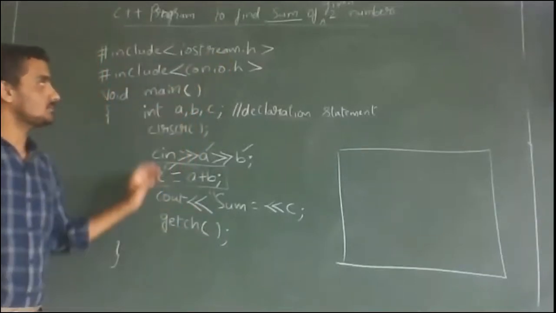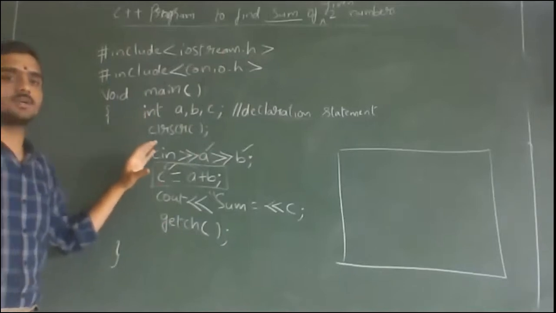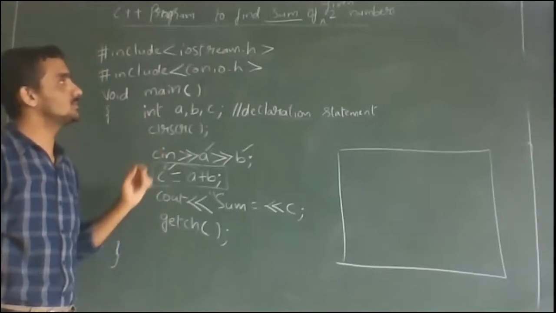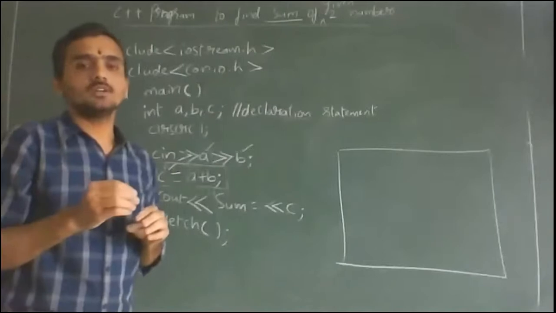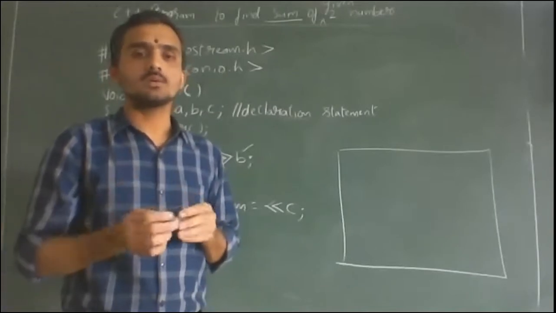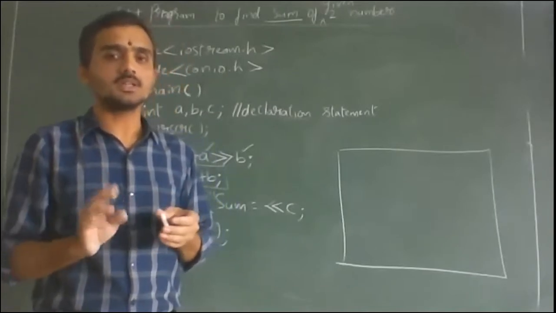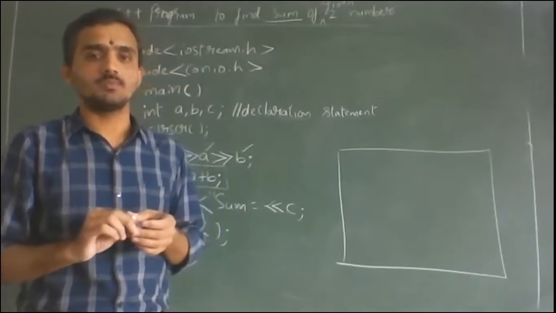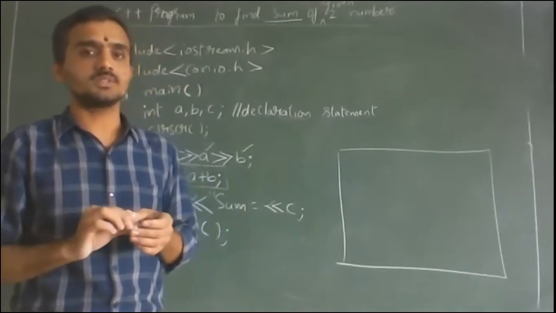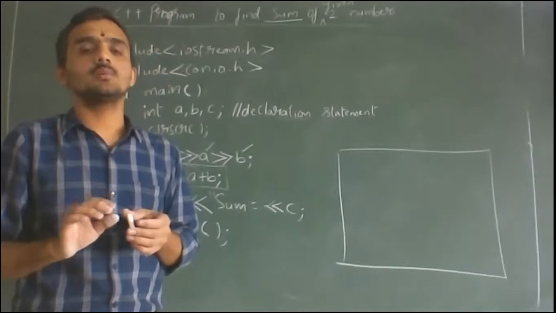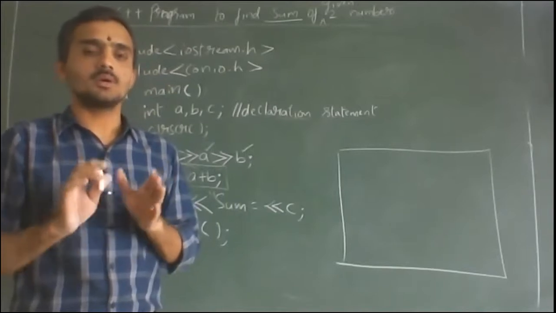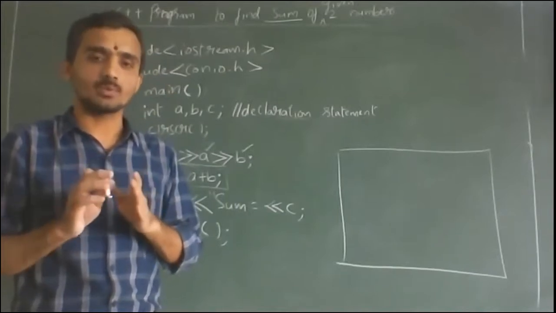So in the program, if I explain by using control statements, see, if we don't go to the control statements chapter, then it doesn't mean that there will be no program control concept. Program control concept is there even for a small program also.